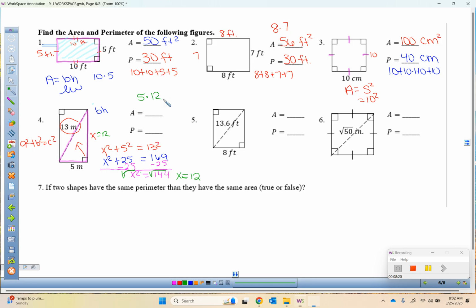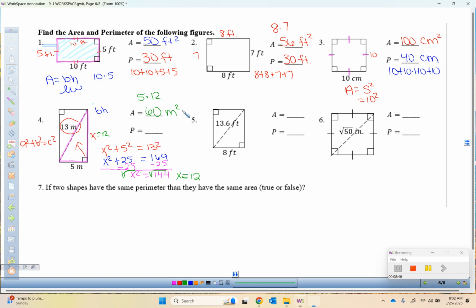I didn't bring a calculator. Okay, 60. And this is meters this time. And meters what? Squared.